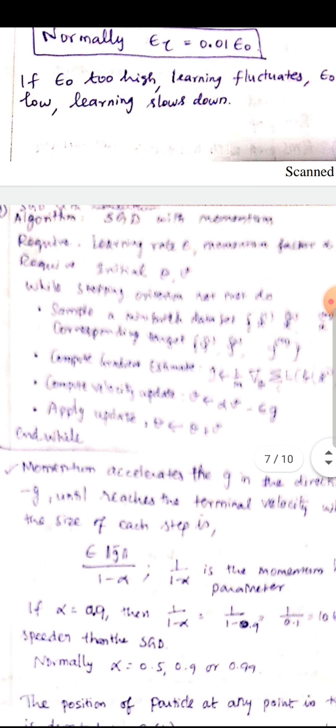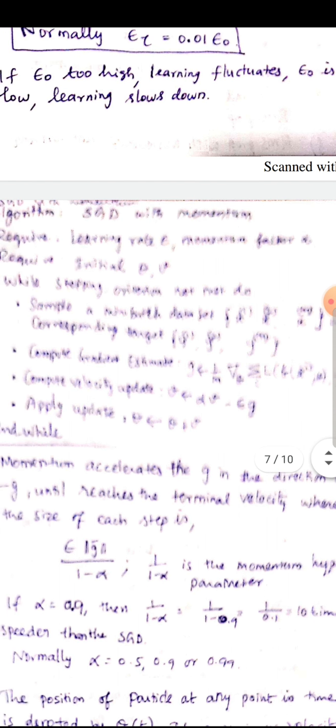While the stopping criterion of your SGD with the momentum is not yet reached, again we are taking the mini batch data set and computing the gradient of your deep learning model like the earlier one, and we are computing the velocity update also for the momentum factor by taking the derivative of your earlier velocity value with respect to the current gradient.